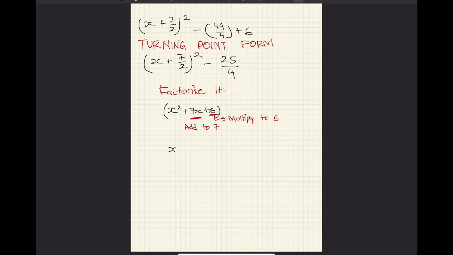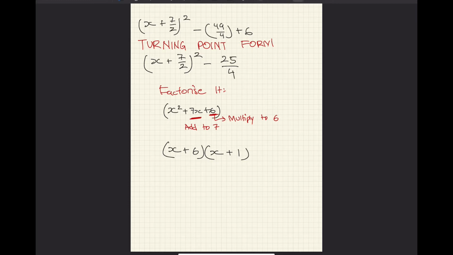So in this case, you might realize that the two values which work are going to be 1 and 6. So why is this? 6 times 1 is 6, and 6 plus 1 is 7.